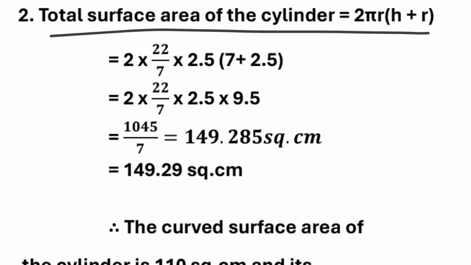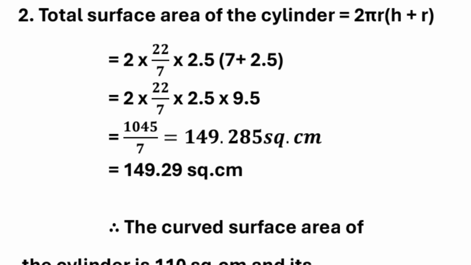Therefore, we put here the values: 2 into the value of pi 22 upon 7, the value of r 2.5, into bracket the value of h 7 and the value of r 2.5, means 7 plus 2.5.